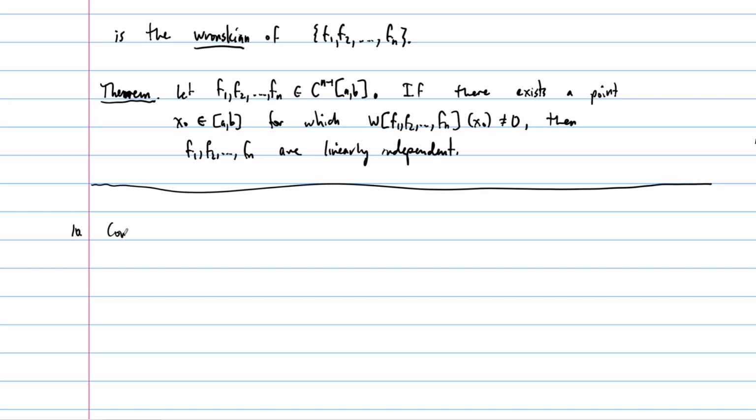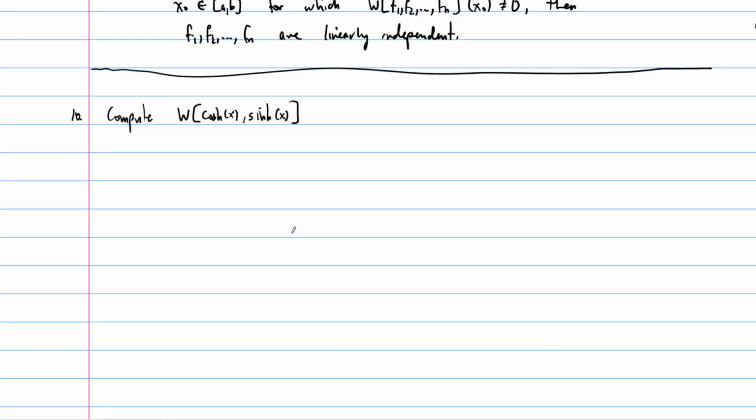Let's compute the Wronskian for cosh of x and sinh of x, so the two hyperbolic trig functions. So the basic trig functions, hyperbolic cosine, hyperbolic sine.